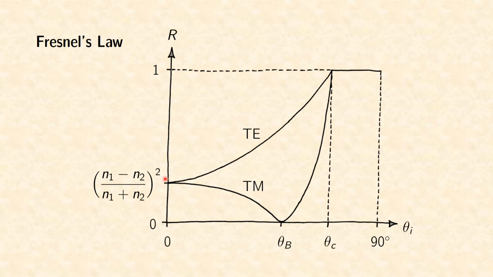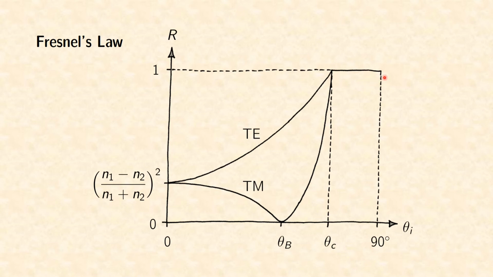In case of TE waves, you get this curve for increasing incidence angle. In cases where n1 is larger than n2, you have a critical angle of total internal reflection, and from that angle on you always have reflection 1. If n1 is smaller than n2, then you would reach 100% reflection at an incidence angle of 90 degree.